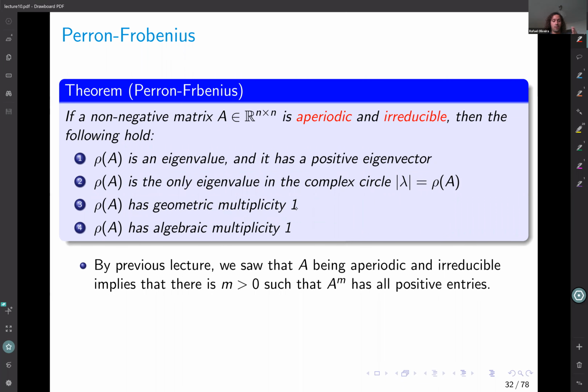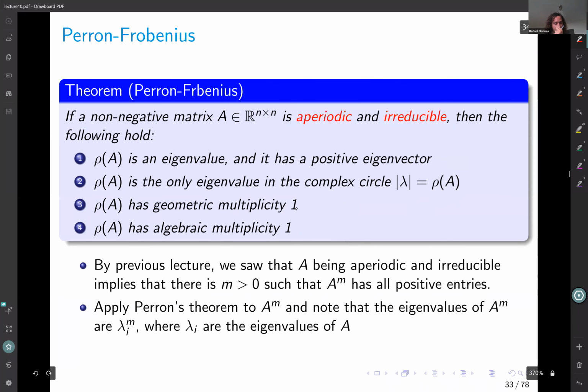Then just take this power A to the m, and note that we can apply Perron's theorem to A to the m, and that the eigenvalues of A to the m are just lambda i to the m, where lambda i are the eigenvalues of A. Since we're always talking about just the magnitude of the largest absolute value, I can take the m-th root anyways, and it doesn't matter. The conclusions hold for A.